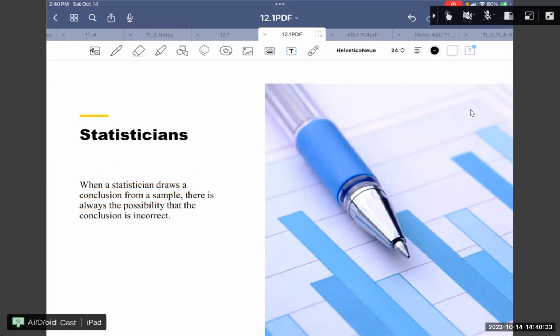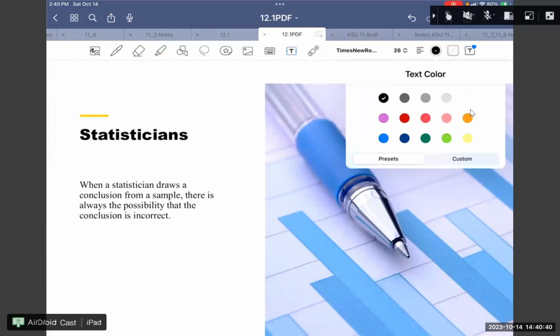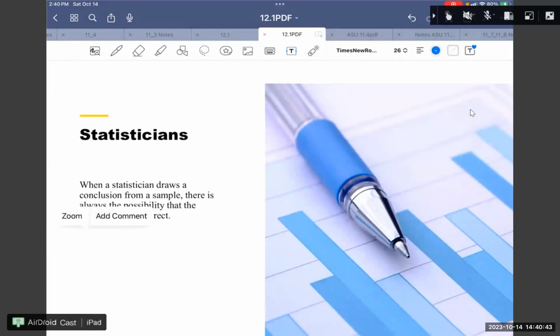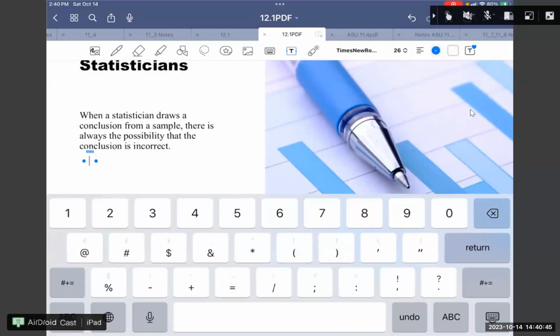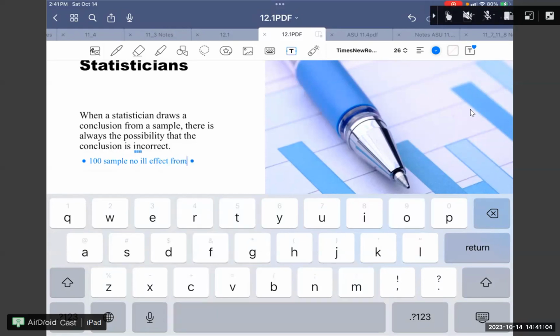We can do this with an example. For example, a sample of 100 people: no ill effect from social media.